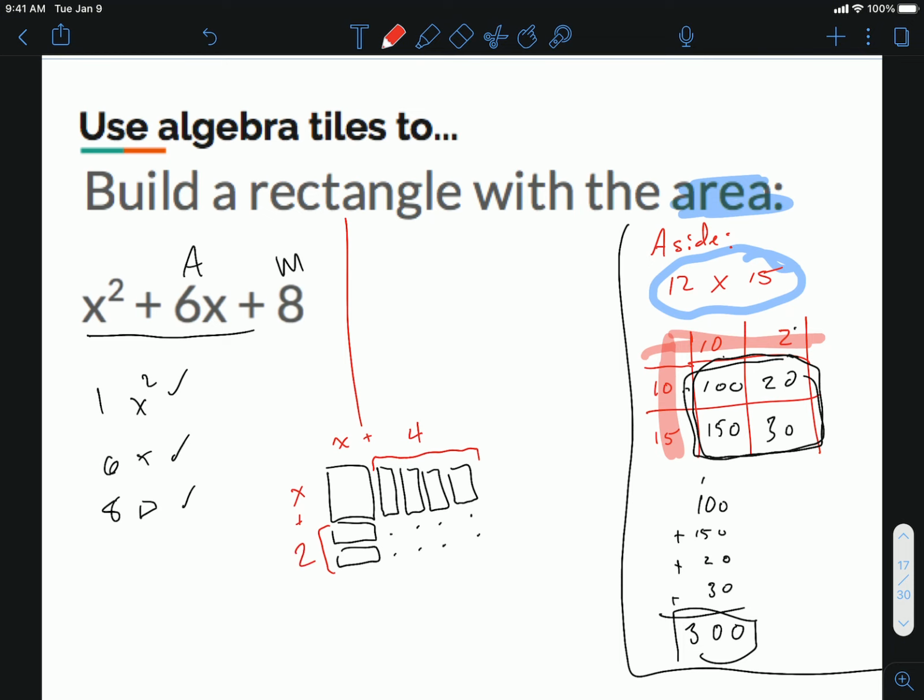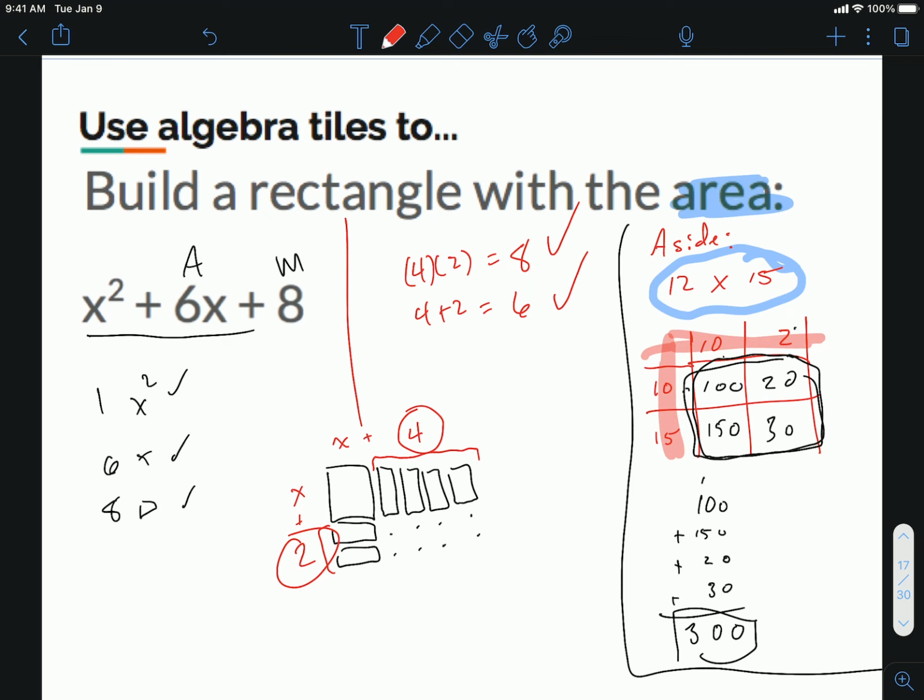So what you guys are trying to prove to me is whether or not 4 and 2 are your magic numbers. Do they satisfy the fact that 4 times 2 has to equal 8? Well, it does. That's good. And 4 plus 2 equals 6. So that's good too. Right? That's where they're coming from.